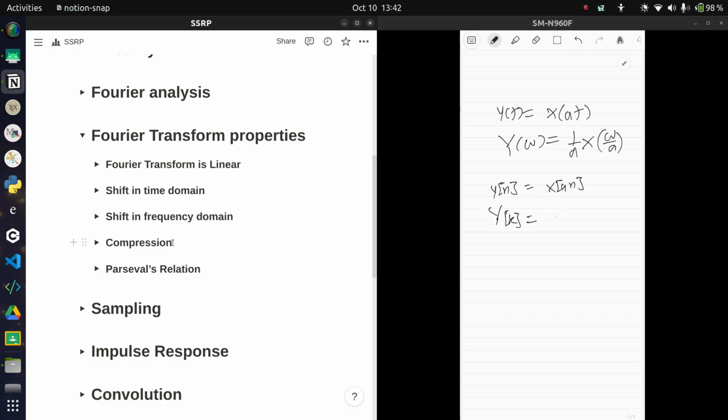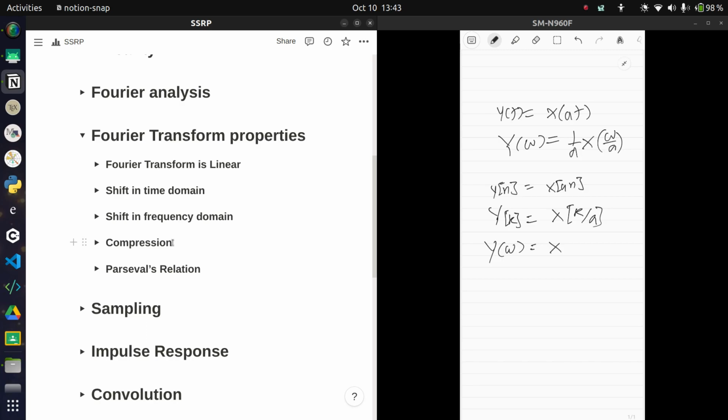just x of n by k by a. I kind of wonder what would happen for the DTFT. I suppose you would have a similar relationship. Since the DFT is basically the DTFT sampled at points, I suspect it's going to be the same thing. So we just have Y of omega equal to X, because remember, while doing a DTFT you were summing things, you weren't doing an integration.